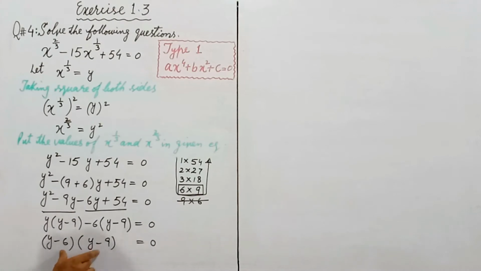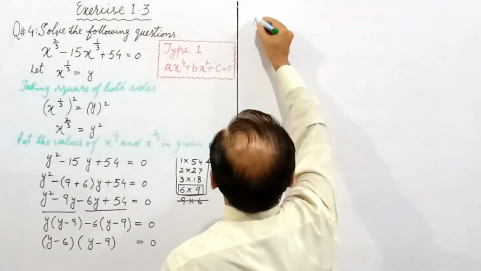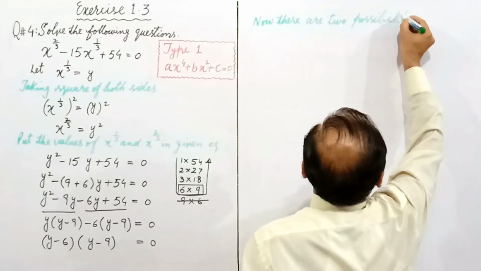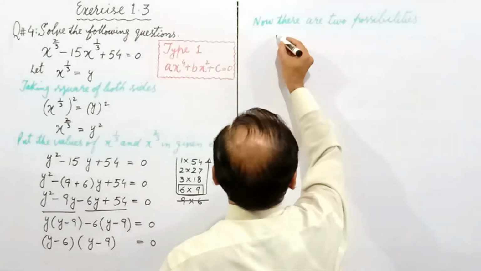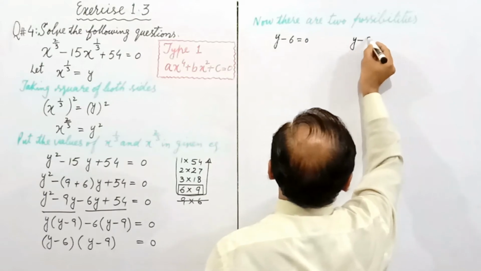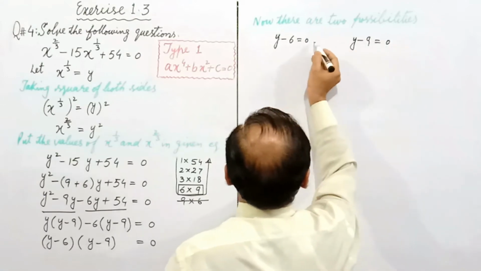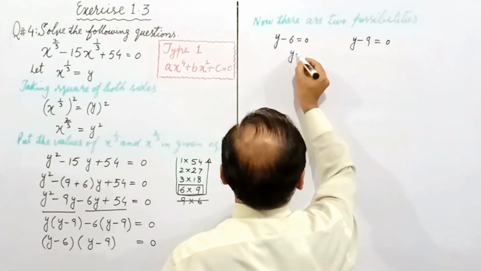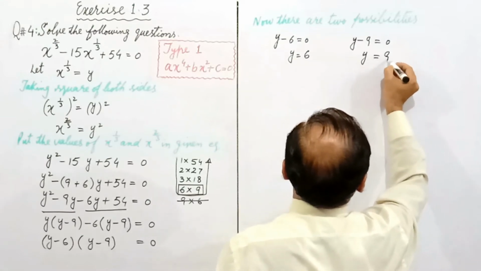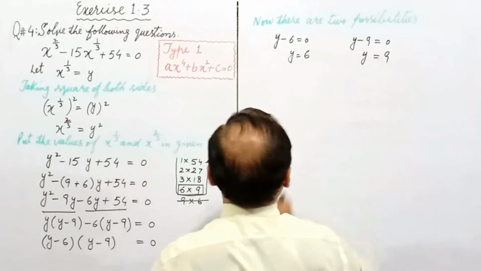As two factors in a product form are equal to 0, we have two possibilities. One is y minus 6 equal to 0, other is y minus 9 equal to 0. Minus 6 is taken to the right hand side, y is equal to 6, and y becomes equal to 9 when minus 9 is taken to the right hand side.